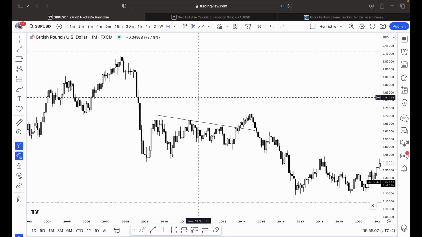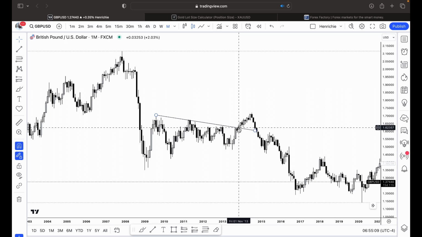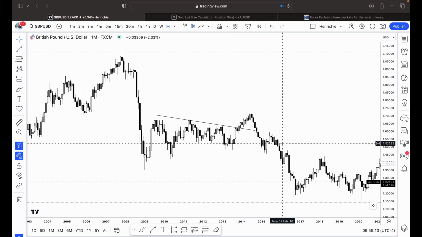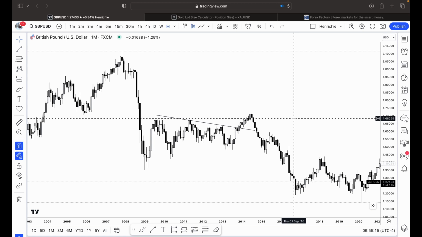So back then, I'd be waiting here for a sell and the market would take me out and still go in my direction. And I was wondering, why do they keep taking me out and still going towards my direction?